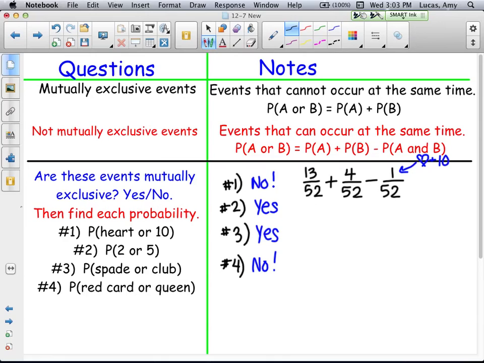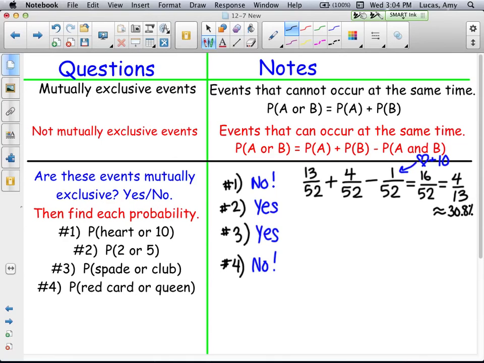So I can't count that card twice. So my final answer, 13 plus 4 is 17, minus 1 is 16. So 16 over 52 reduces to 4/13. And 4 divided by 13 is about 30.8%.